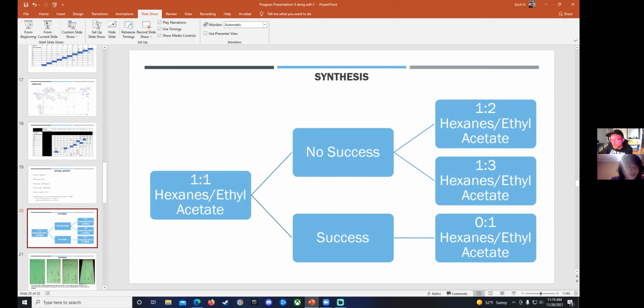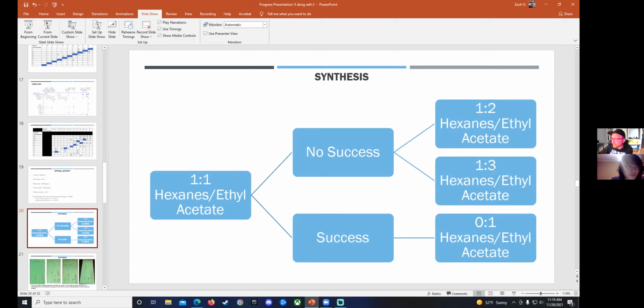We started with the 1-to-1 and we saw no success. So after consulting with Dr. Shoup, we changed the concentration of our ethyl acetate. We went to a 1 to 2. We also went to a 1 to 3. We were starting to see change, better separation of our unknown, but it still wasn't great.